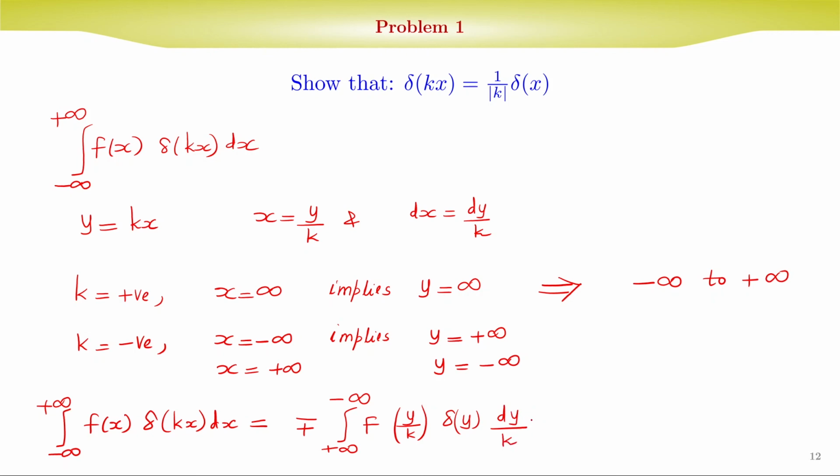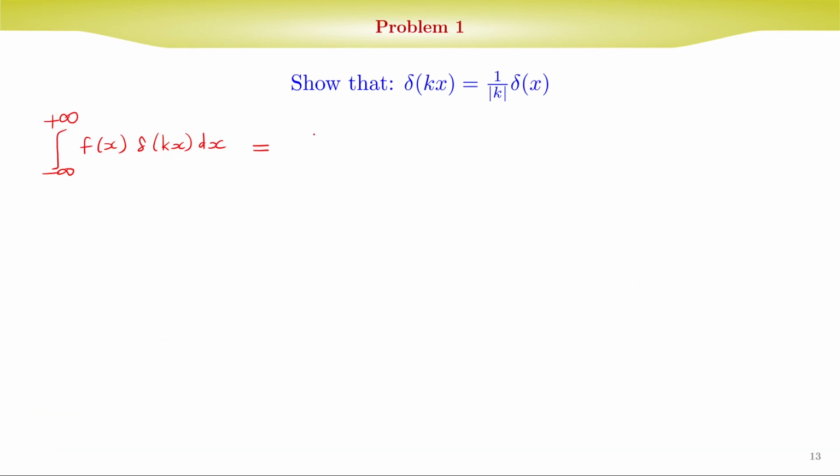We can change the sign of the integration if we flip the integration limits. So this means that this is equal to plus or minus the integral from minus infinity to plus infinity of f(y over k) delta(y) dy over k. When we use the fundamental property of the delta function, this integration becomes plus or minus 1 over k f(0).